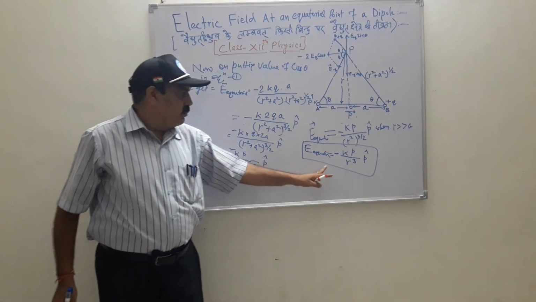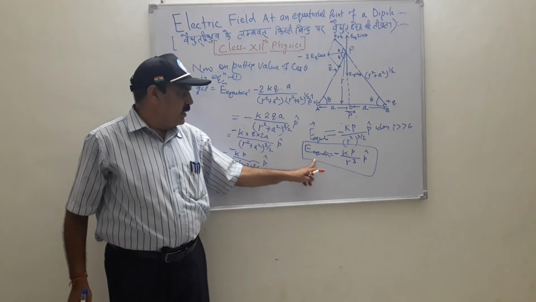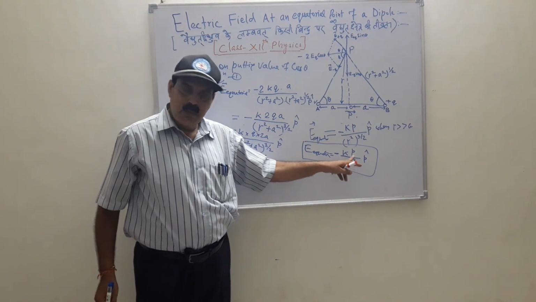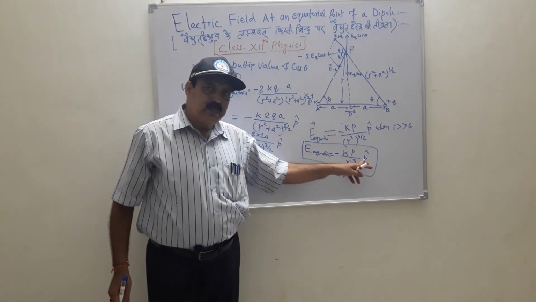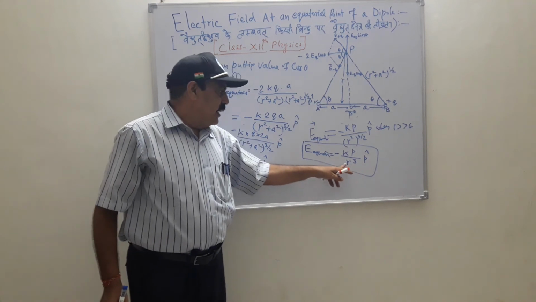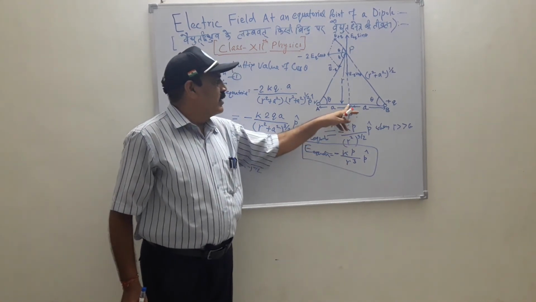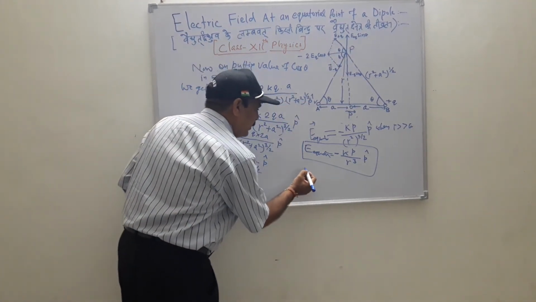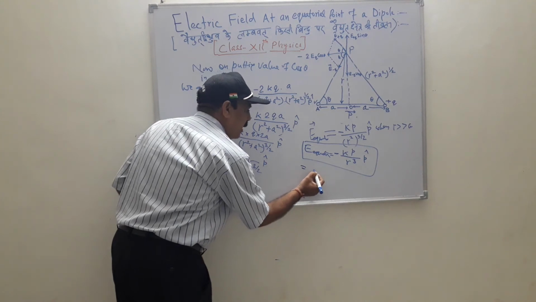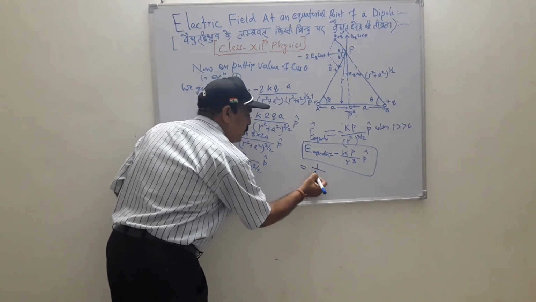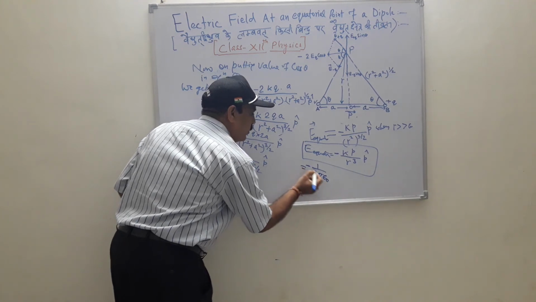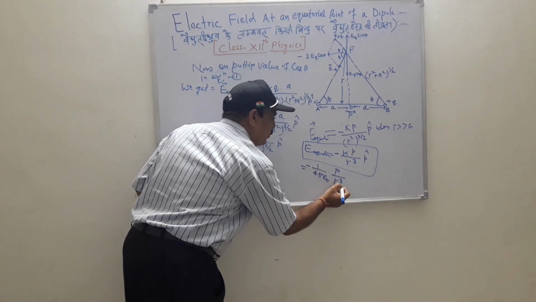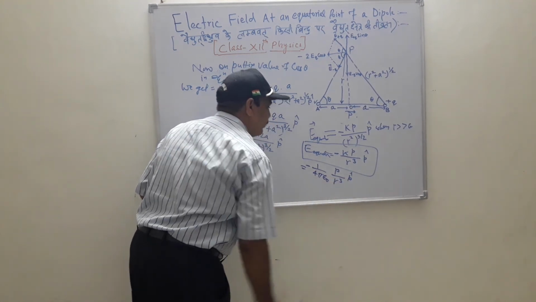This gives the value of the resultant electric field at P as Kp upon r cube p cap, where p is the magnitude of the dipole moment, p cap is the unit vector in the direction of the dipole moment, and r is the perpendicular distance from O to point P. This can also be written with K equal to 1 upon 4 pi epsilon 0, as p upon r cube p hat.